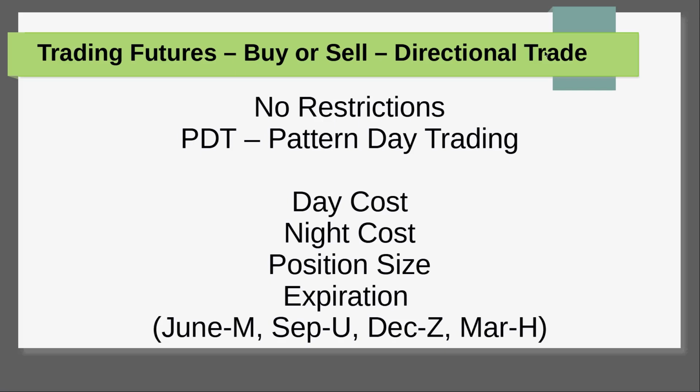These are pure directional trades. You should be able to trade the market up or down. You can only be up or down at a time, unless you have multiple accounts where you can trade one account up and one account down, do crazy stuff like that, but it's a pure directional trade. No theta decay, none of the moving parts that are involved with options.